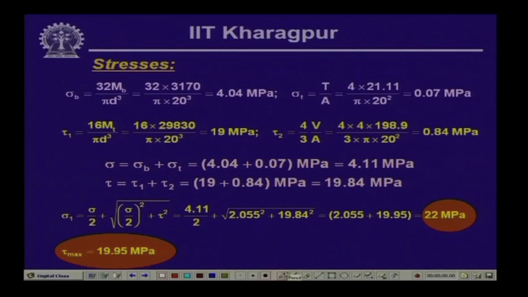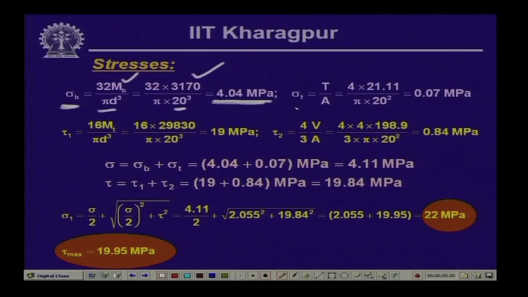Now, the bending stress sigma, as you know, is equal to 32 times the bending moment by pi d cube, and the bending moment as we have seen is 3170 Newton millimeter, and d is 20 millimeter. So, this gives us a stress of 4.04 megapascal.